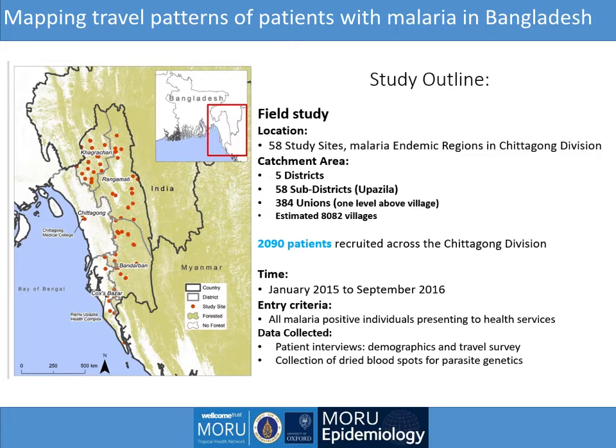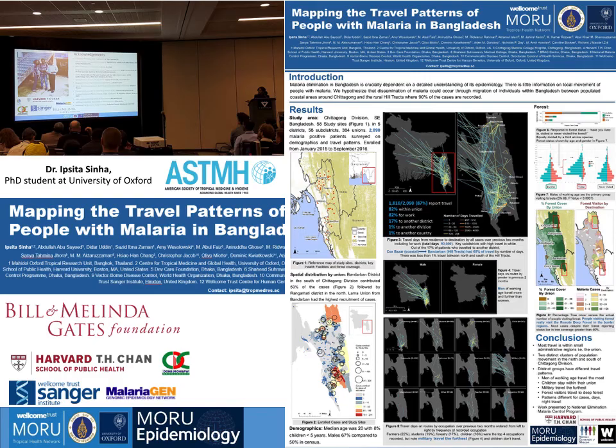Two types of data were collected during the survey: a demographic and travel survey through patient interview, and the collection of dried blood spots for parasite genetics. This paper was written and analyzed by Dr. Ipshita Sinha, a research physician at MORU and also a PhD student at the University of Oxford, who presented her paper at the Conference of the American Society of Tropical Medicine and Hygiene.